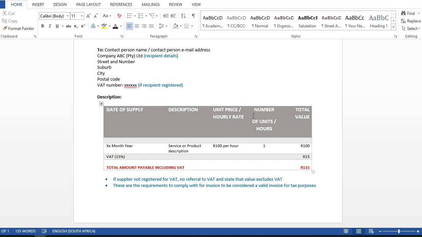I hope this will help you and that you can make sure that your invoices do comply and that you know that the checklist has been ticked.